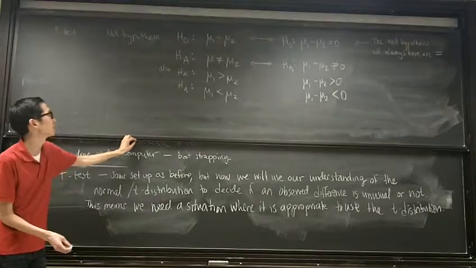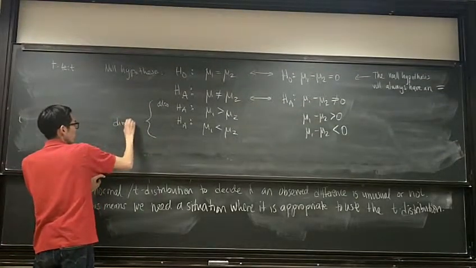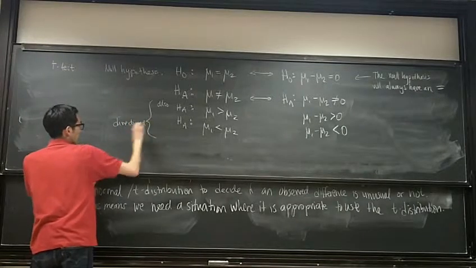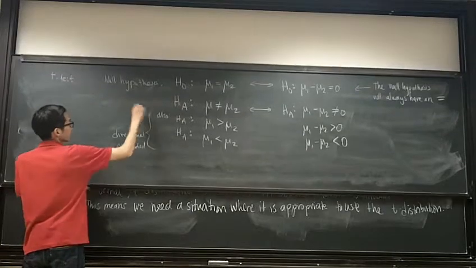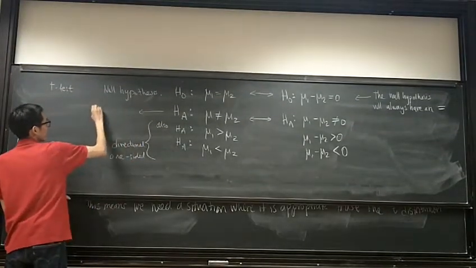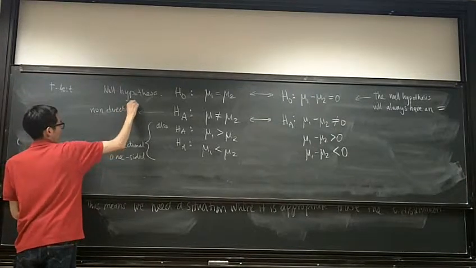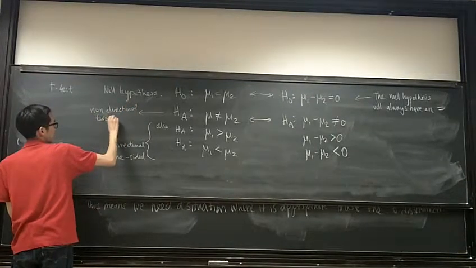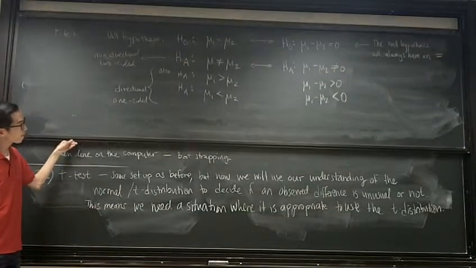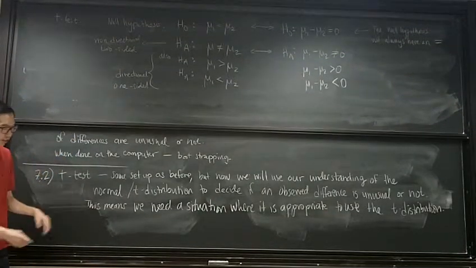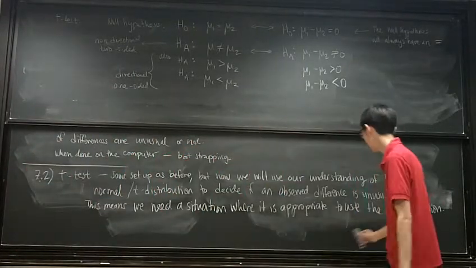So I'll also write that. These two are known as directional, one-sided. And this one is non-directional, or two-sided, two-tailed. So the alternatives are directional or non-directional, or one-sided or two-sided.